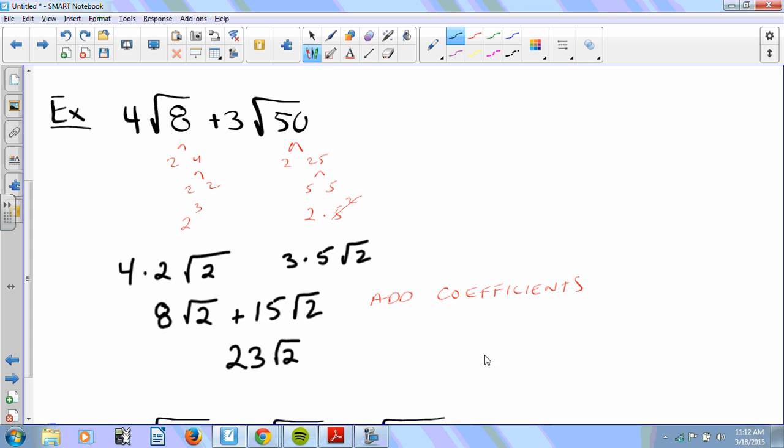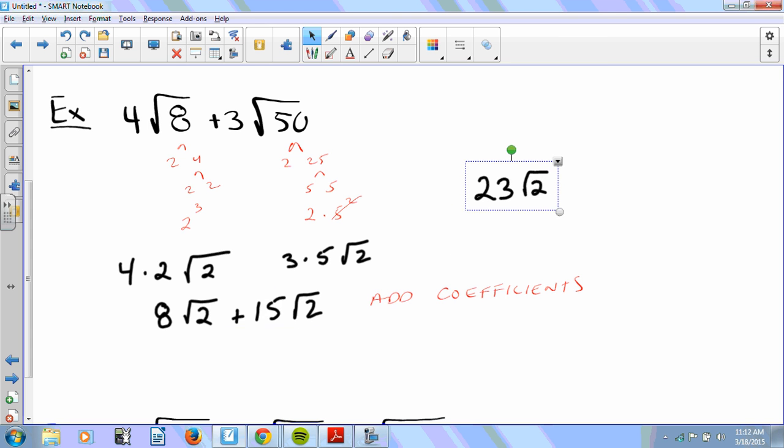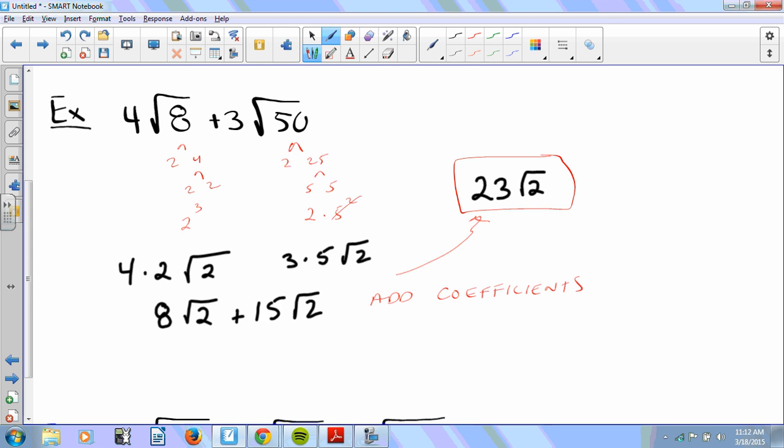The mistake is you're going to want to add the radicand part, and we're not doing that. We simply add the outsides. The only time the underneath changes is when you multiply or divide. When you add and subtract, it stays the same. Okay? So this is my final answer. 23 square root of 2.